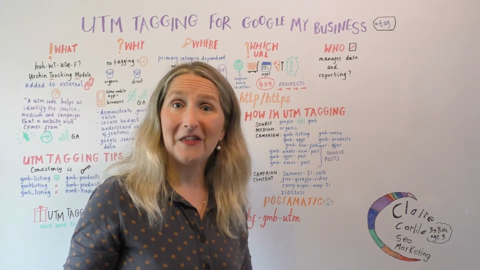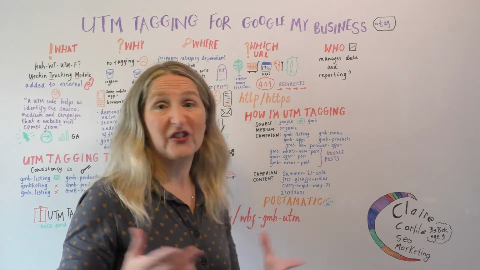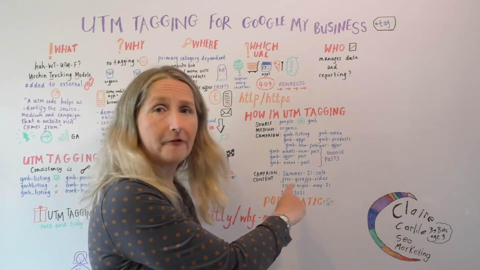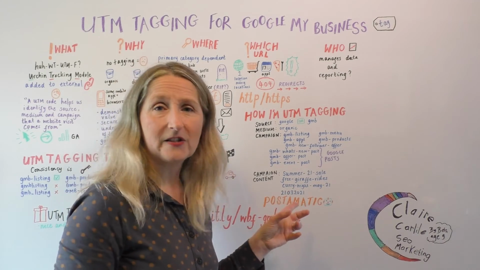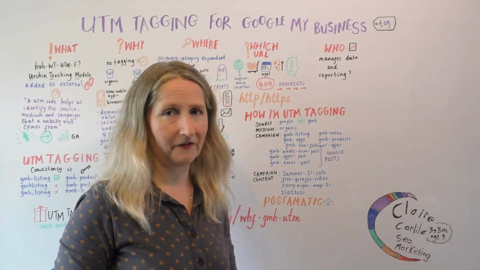So if you work with a business which has lots of unique and interesting content, you might just need to describe that content. So summer 21 sale, free giraffe rides, curry night May 21, or you might just like to use the date there in the campaign content field.